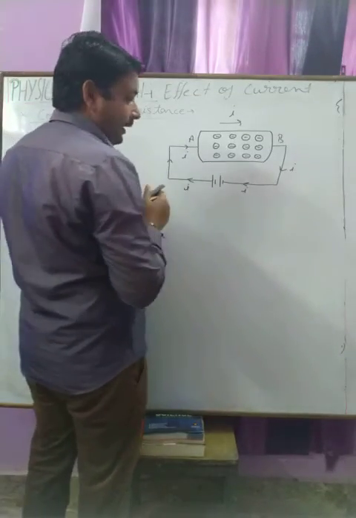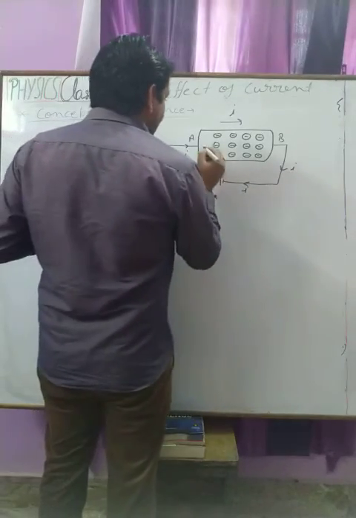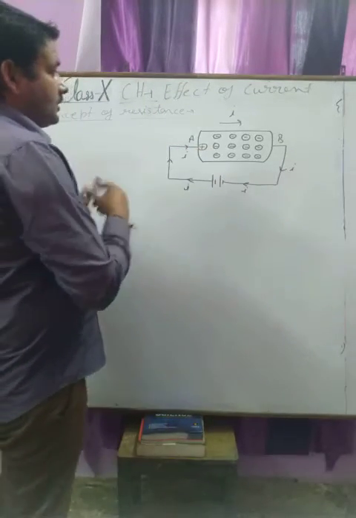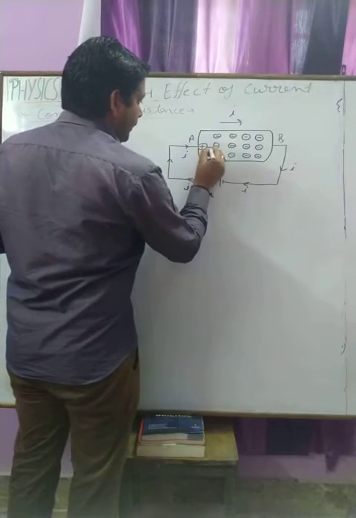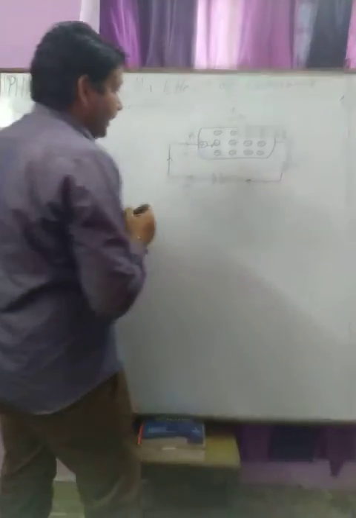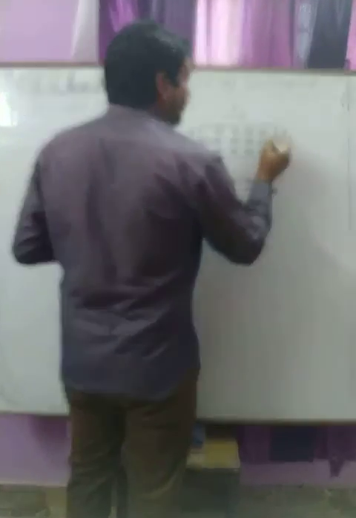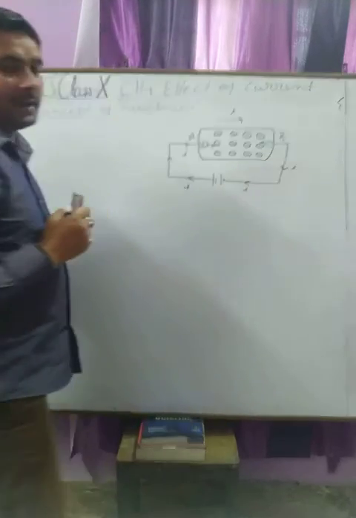Suppose the current is flowing, and we take the flow of current as a positive charge carrier. Because current is moving from A to B, its direction of moving is from A to B. Here point B is at the negative terminal, and the negative terminal has a large number of electrons because of higher concentration.